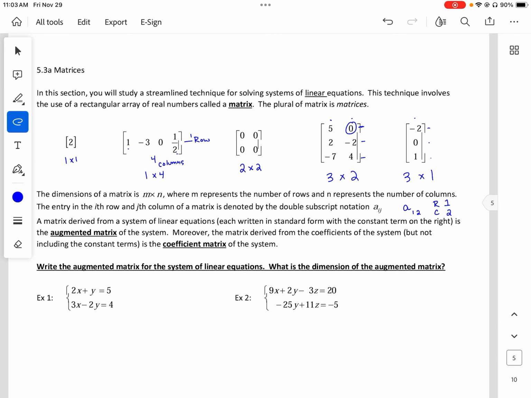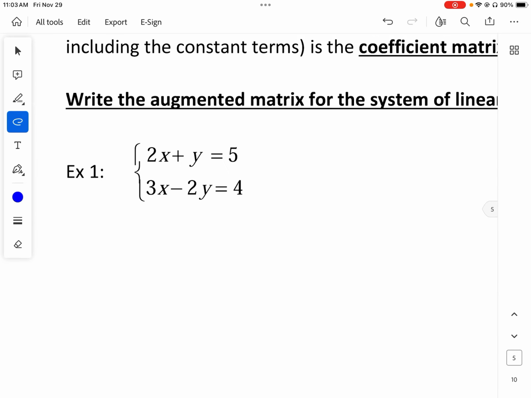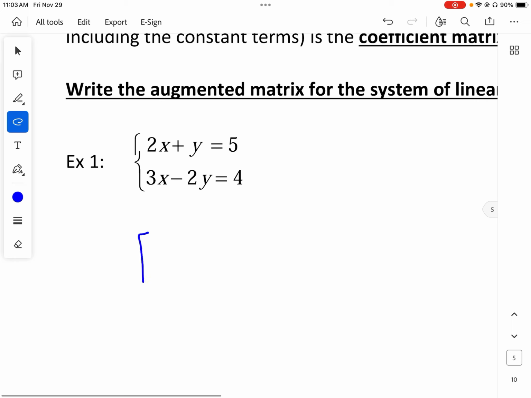Okay. Now we are going to look at the augmented matrix from a system. We're going to use all of the coefficients and then our constants to write our matrix. Here we have the system of equations, and we are going to write this in matrix form. I'm going to write 2, 1, 5, 3, negative 2, and 4.